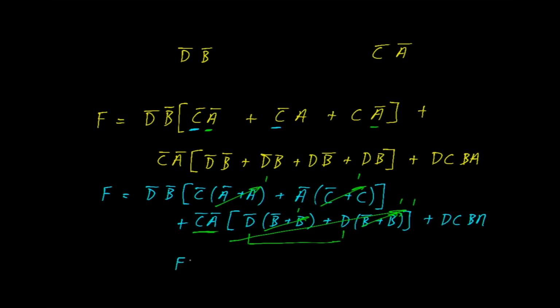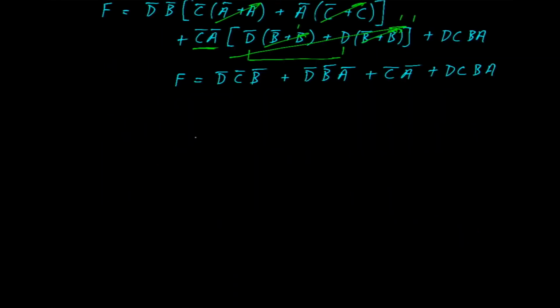So our final equation is D naught, C naught, B naught, which is that piece there, or D naught, B naught, A naught, which is this piece here, or C naught, A naught, or D, C, B, A.